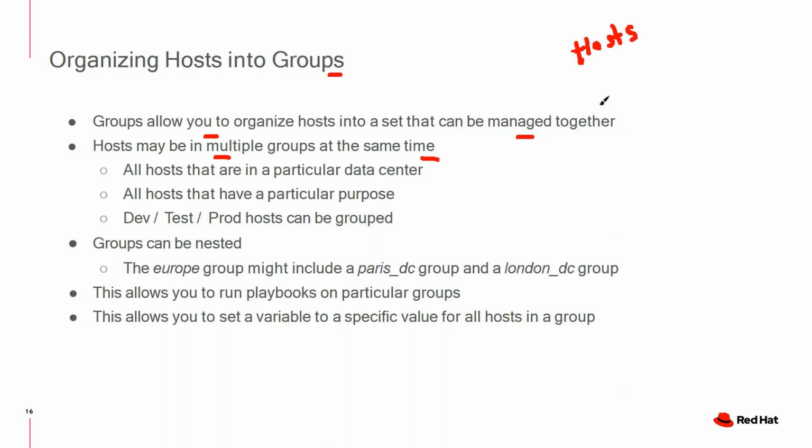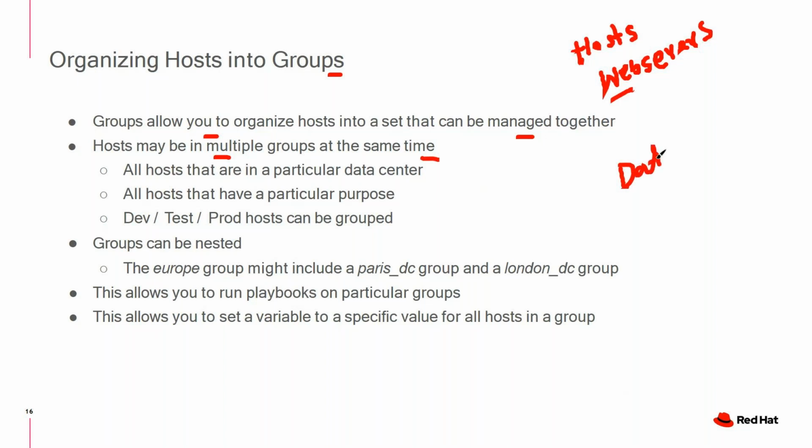Multiple groups means you are going for web servers. These are all your web servers; you are going to keep one group named web servers. The second group name you want to create is for databases.